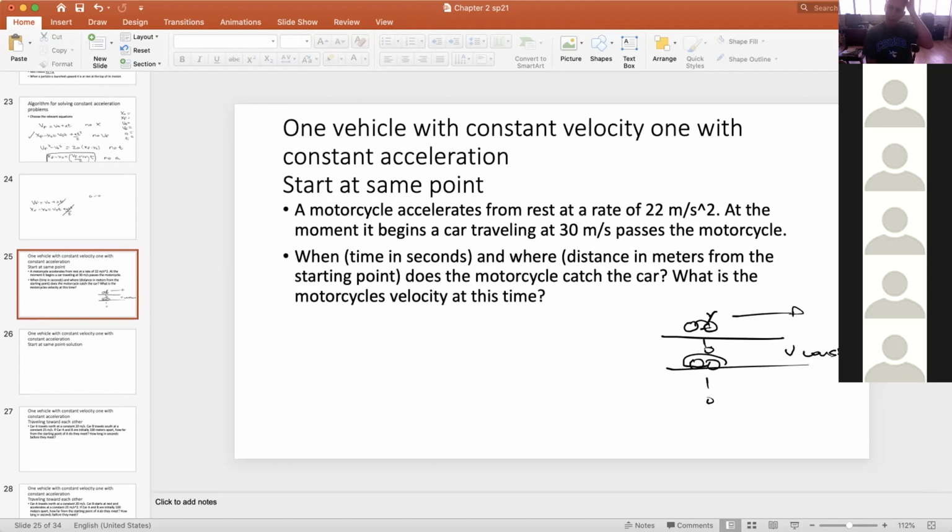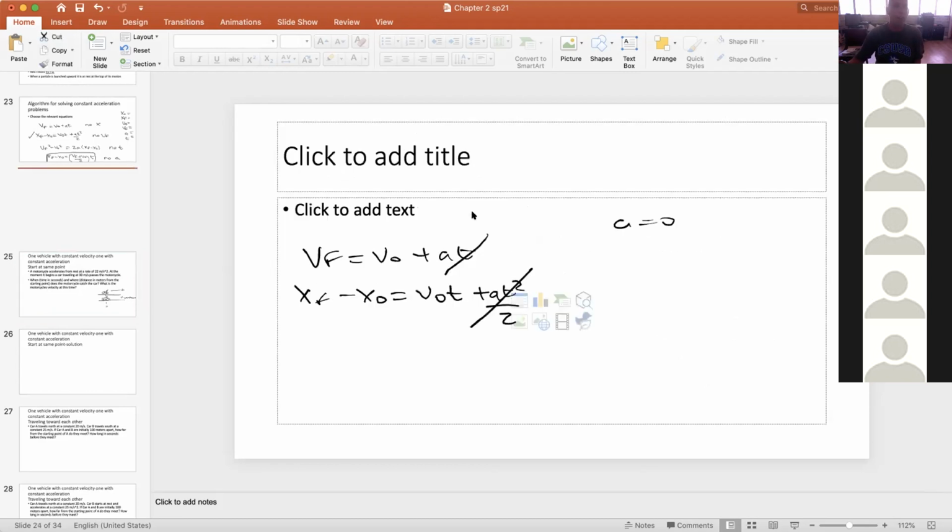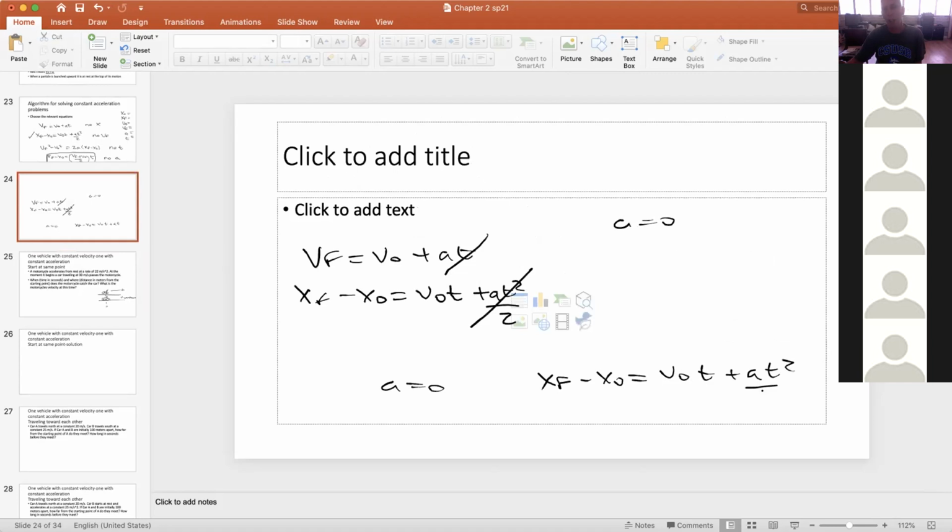So yeah, Sammy, on that, when A is equal to 0, x final minus x initial equals vt plus at squared over 2. If A is 0, remember that v final is equal to v initial, so we'll just call it v whenever you have constant v.